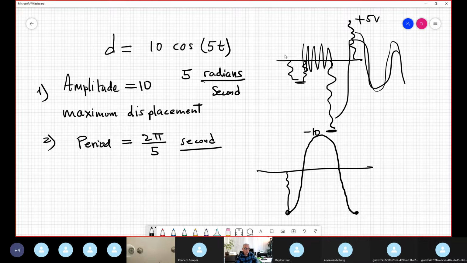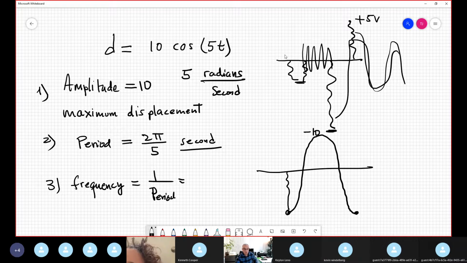And number 3 is the frequency. Frequency is the reciprocal of the period. So it is phi over 2 pi.